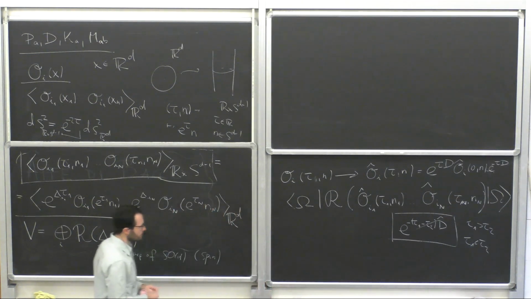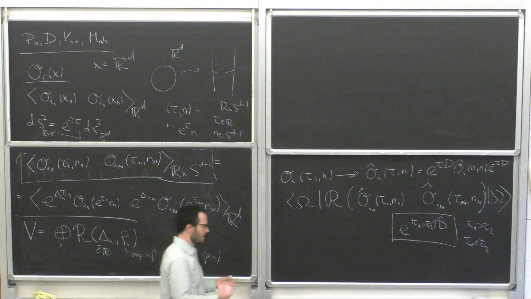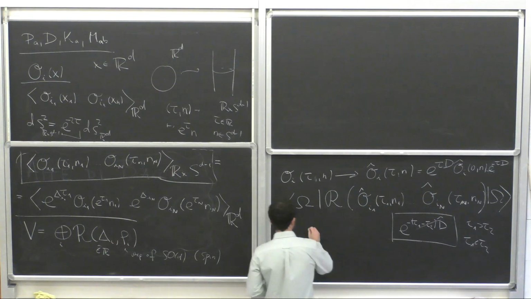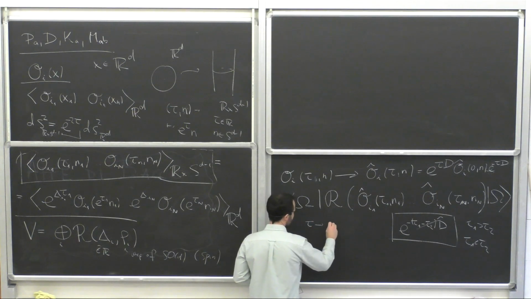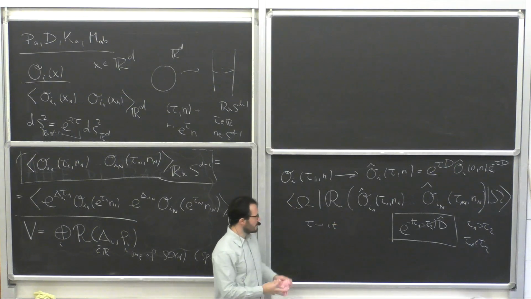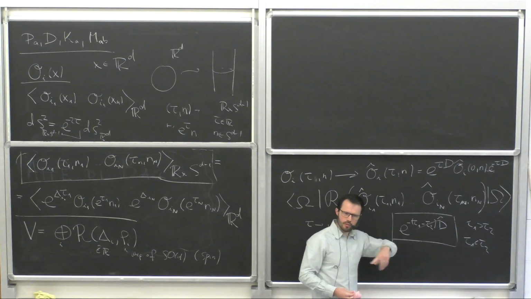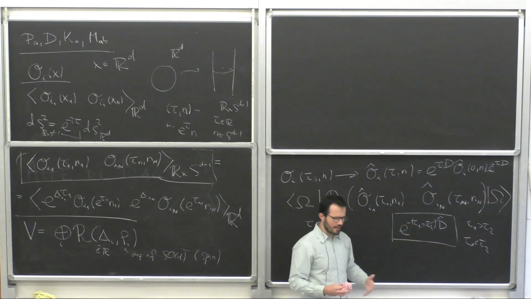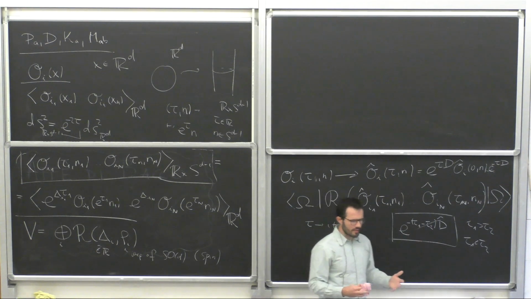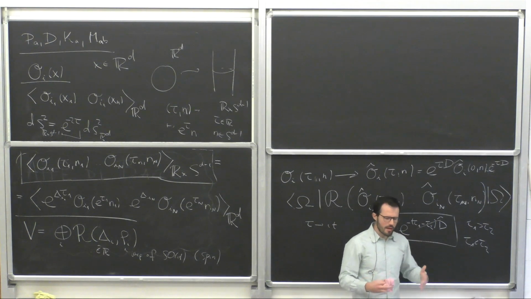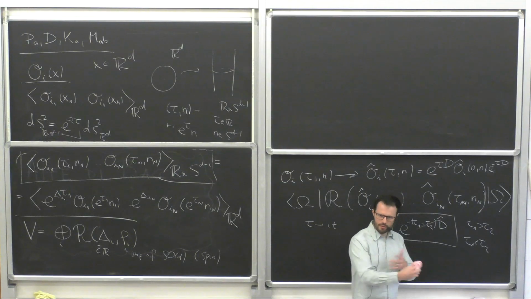And then very interesting things happen when you continue to the Lorentzian signature. So once you do this, tau goes to i t. Then this object starts making sense for both orderings because now it's oscillating, and that means that in Lorentzian signature, you can consider correlation functions which are out of the Lorentzian time order.